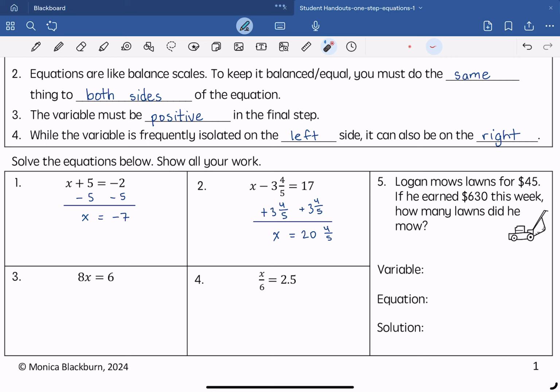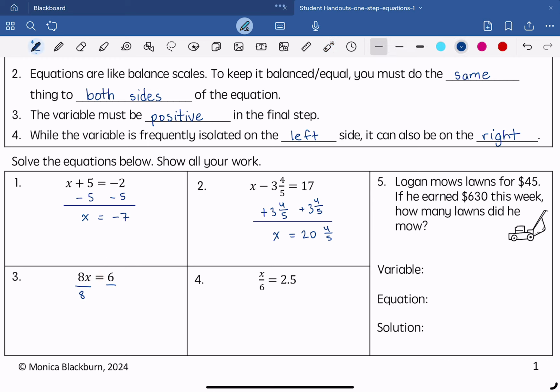Here we have multiplication. 8 and x, there's a multiplication sign. You can also write it as 8 times x is equal to 6. The opposite operation of multiplication is division. So 8x divided by 8. Whatever I do on one side, here's our invisible wall, we have to do to the right side as well.